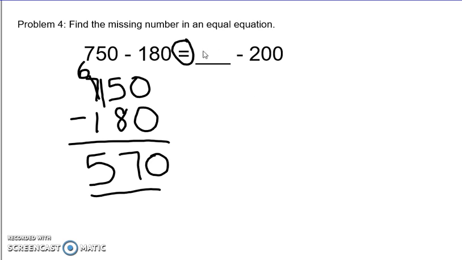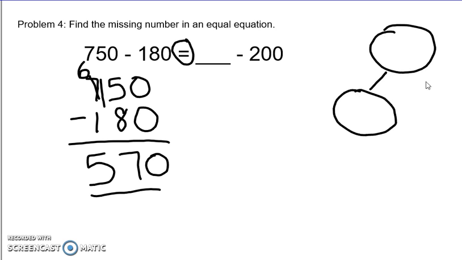Now I need to figure out what number goes in the blank to make this side also equal 570. So I'm going to draw my number bond to help me decide whether I need to add or subtract. Well, this again is a subtraction problem. But this time I'm missing my whole. So what that means is my whole is the number that I need to find. 200 is going to be one part.